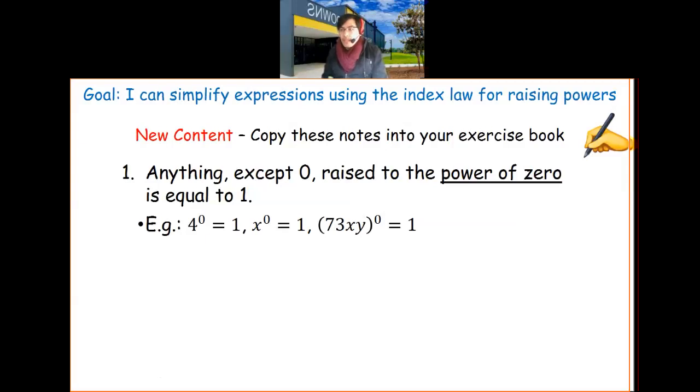X to the power of 0 is equal to 1. 73xy, everything inside the brackets, to the power of 0 as a whole group is equal to 1. So you can see there, anything raised to the power of 0 is equal to 1. Doesn't matter how complicated it is, it's equal to 1. And there is a reason behind this.